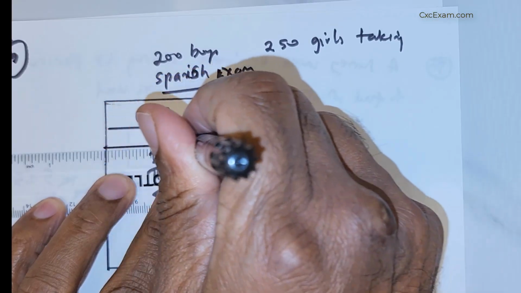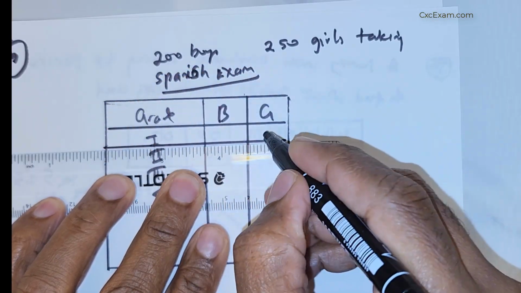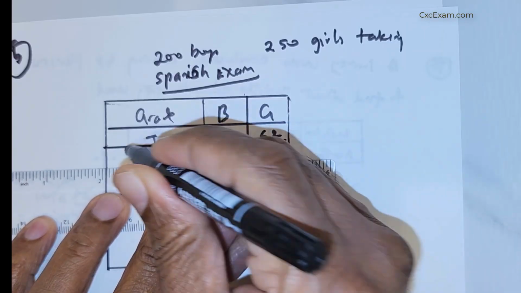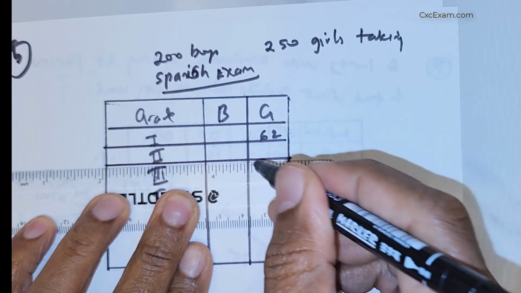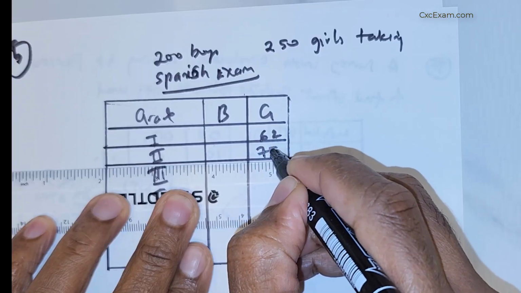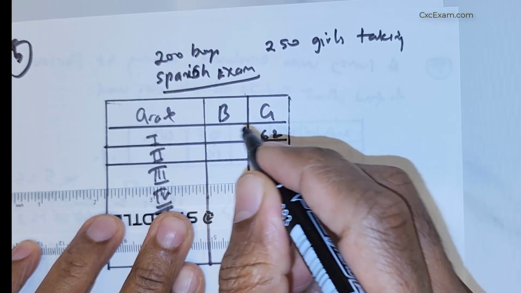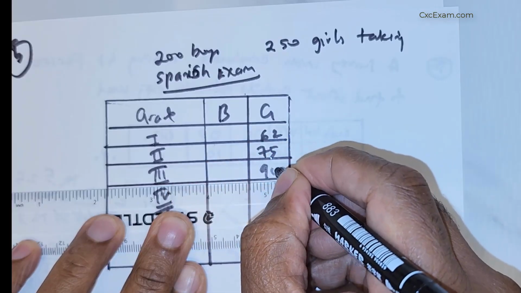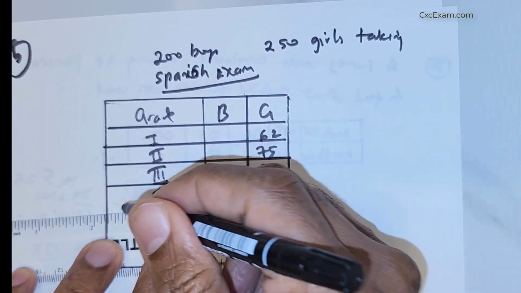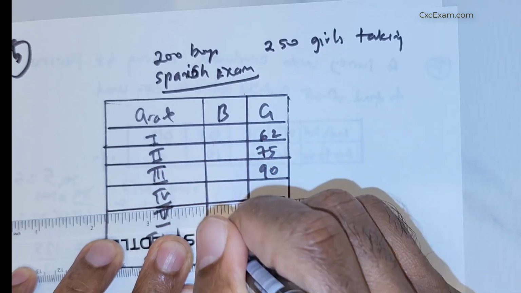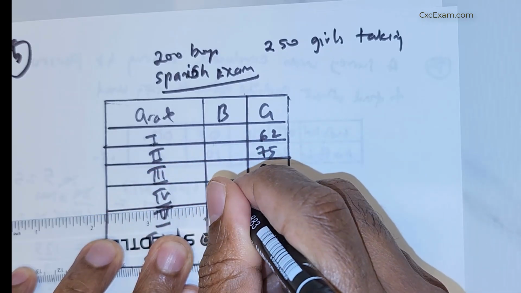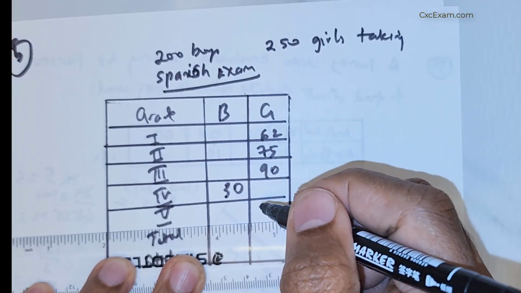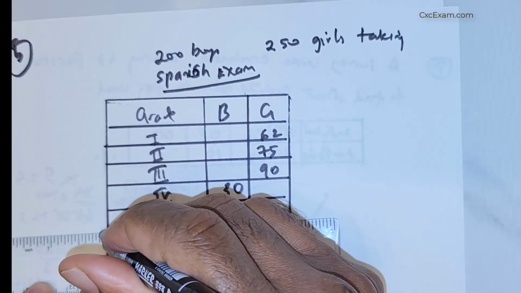So grade 1, we are not given any information for boys, but 62 girls secure grade 1. Grade 2, no information for boys. 75 girls secure grade 2. Grade 3, no information for boys. 90 girls secure grade 3. Grade 4, no information for girls. 30 boys secure grade 4.